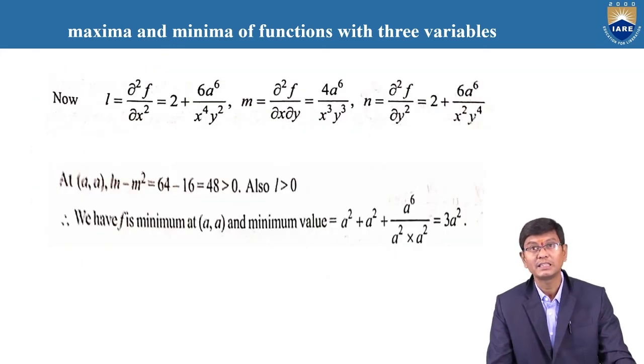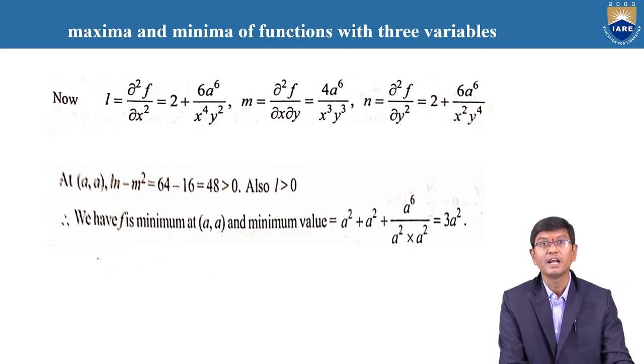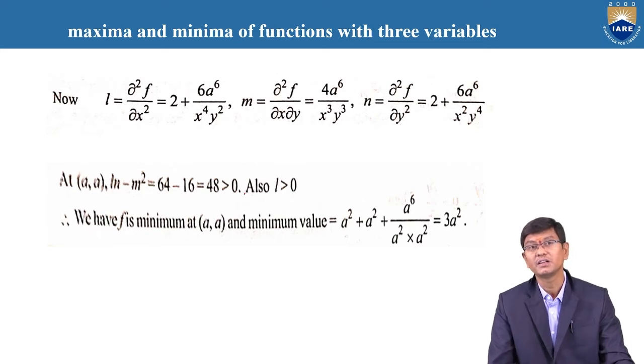When we replace L, M, N, that is, R, S, T in alternate terminology, we get RT minus S square, that is LN minus M square. Therefore, at the stationary point (a, a), RT minus S square, otherwise LN minus M square, is clearly greater than 0.